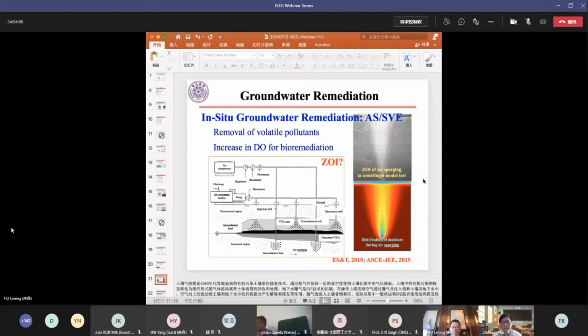It can remove the volatile pollutants and increase the dissolved oxygen to enhance bioremediation. But the problem is the zone of influence is very small. So we need to build a lot of injection wells to inject the gas to remove the volatile pollutants.